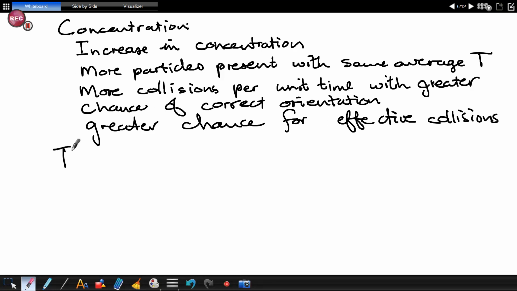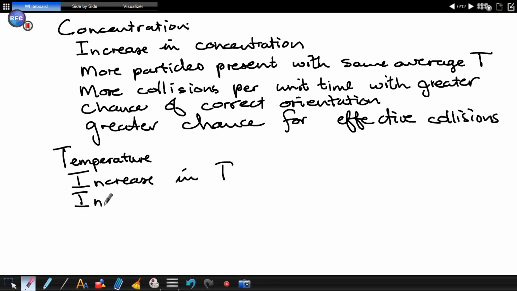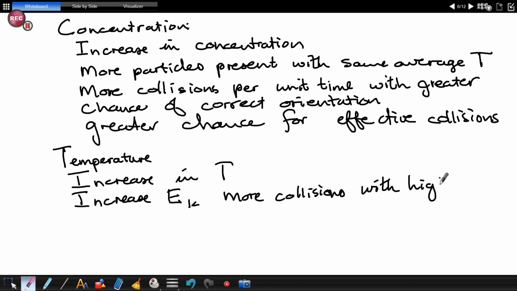So temperature is easy. To me, it's always easier. If you increase the temperature, you increase the kinetic energy. There will be more collisions with higher energy per unit time.